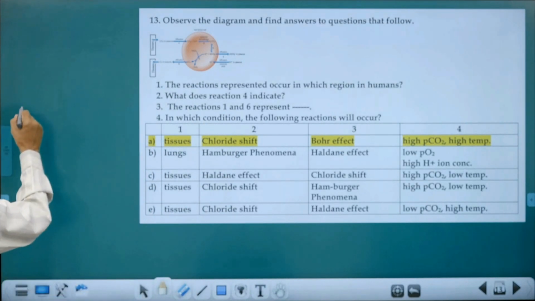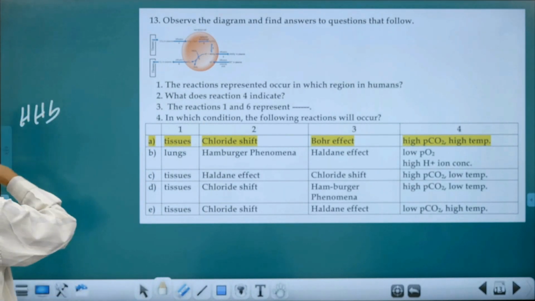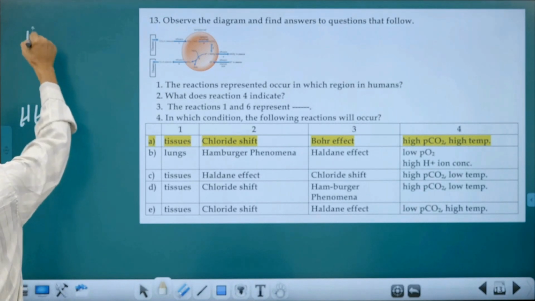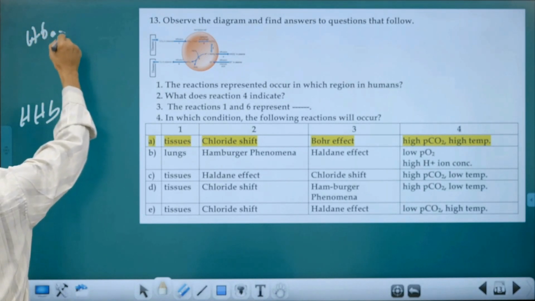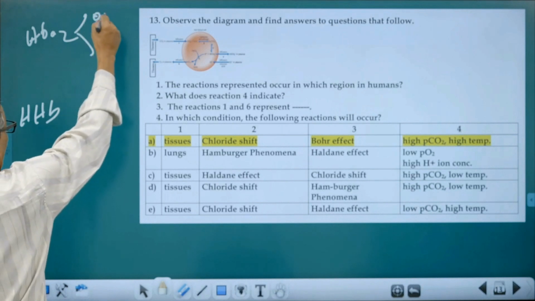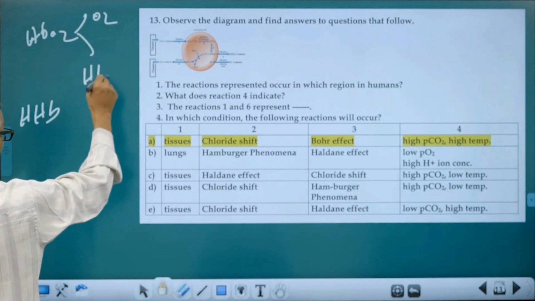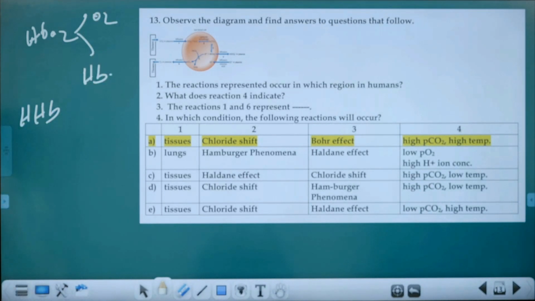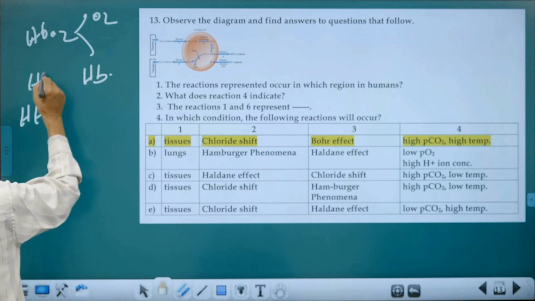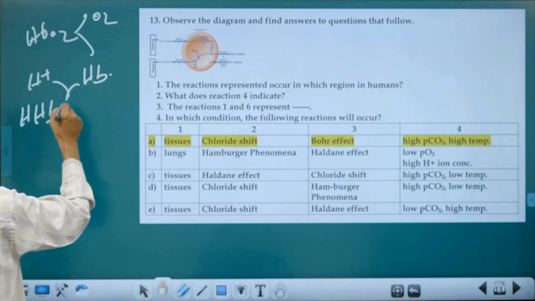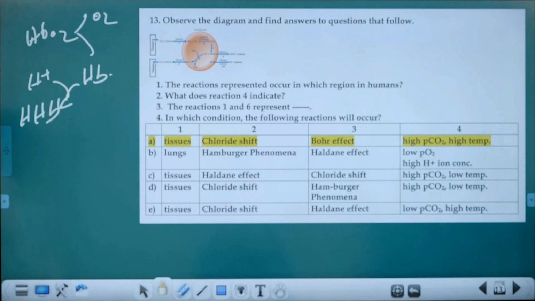Why? Because hemoglobin, which was carrying oxygen, is split. Oxygen is going out and now hemoglobin is free. That hemoglobin will take that hydrogen and form hemoglobinic acid, which is a much stronger acid than oxyhemoglobin. That's why there is more acidity in tissues.